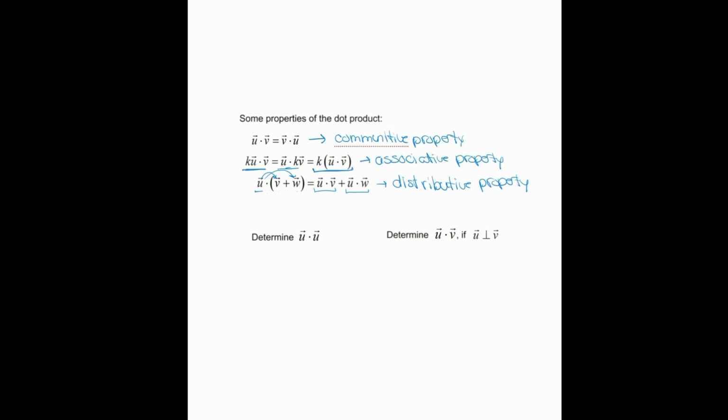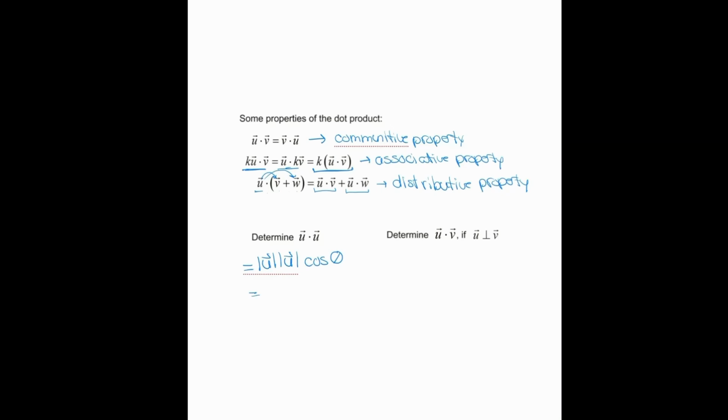They're the same vector. So we would say that u dot u is equal to the magnitude of u times the magnitude of u. Because remember, we're still using that same formula, times cosine of the angle 0. So this time we have an angle of 0. Now, cosine of 0, remember, is just equal to 1.